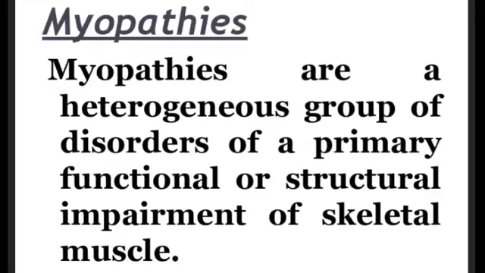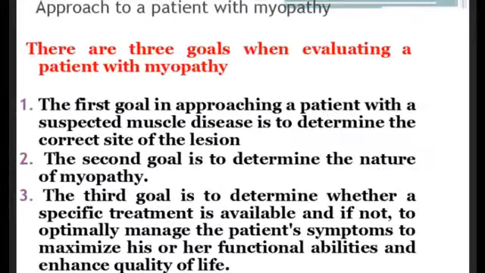Now, myopathies are a heterogeneous group of disorders of primary functional or structural impairment of skeletal muscle. The approach to a patient with myopathy: there are 3 goals when evaluating a patient with myopathy. The first goal in approaching a patient with a suspected muscle disease is to determine the correct site of lesion.